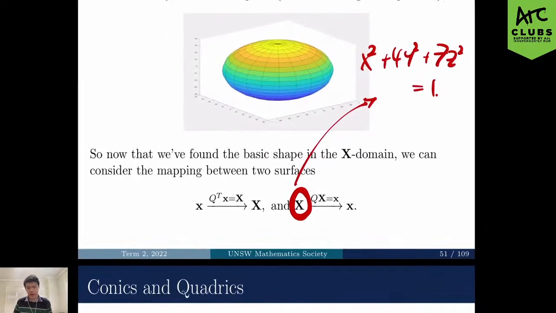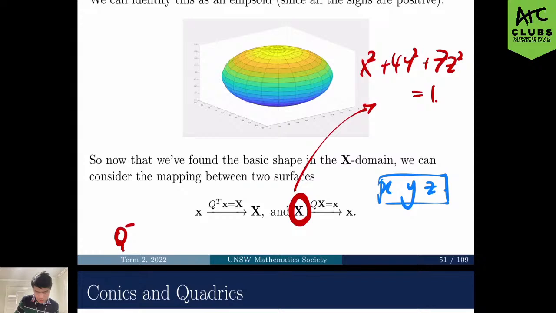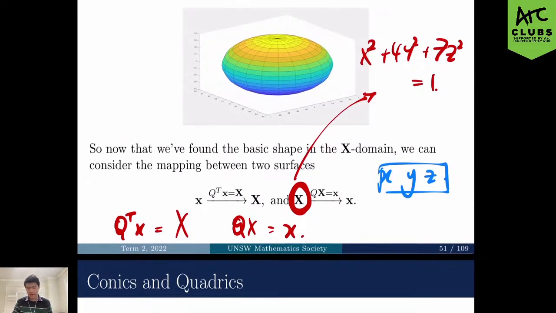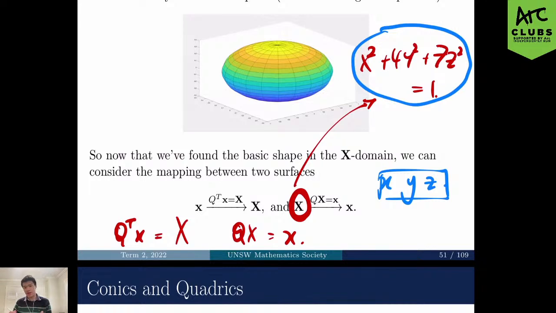We're not that divorced from reality. We are still working with the small x's, small y's, and small z's. So what we've realized is that there's actually a mapping between the two surfaces. So remember, Q^T x equals big X, and also QX equals little x. So to get from any point in the big X domain to a point in the little x domain, you want to multiply by Q.